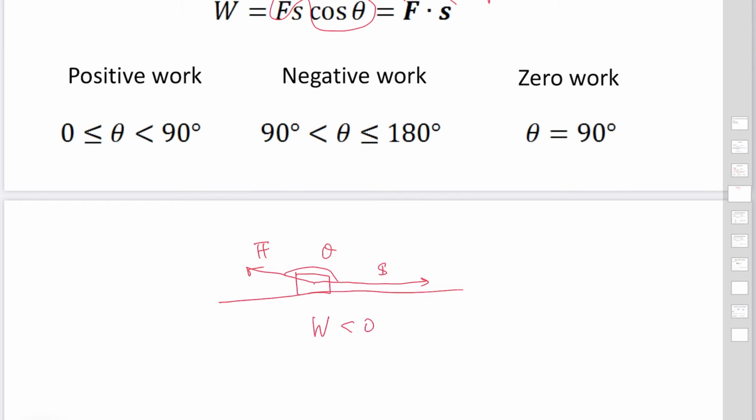This is negative work. In our daily life, we don't use negative work; we assume that work is always positive. But in physics, we define negative work. And also zero work, when the applied force is perpendicular to the displacement vector. In this situation, work is zero.